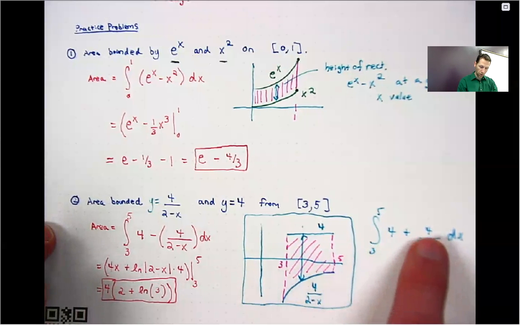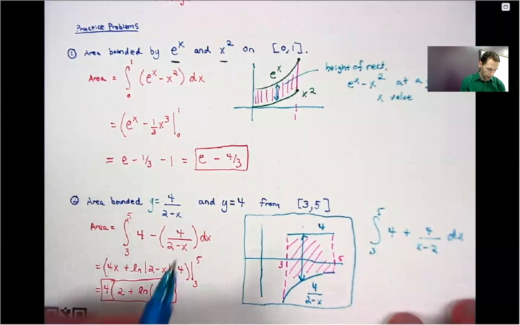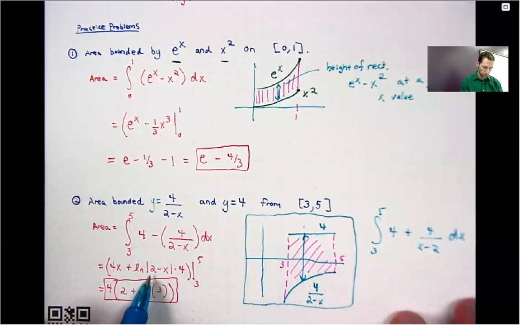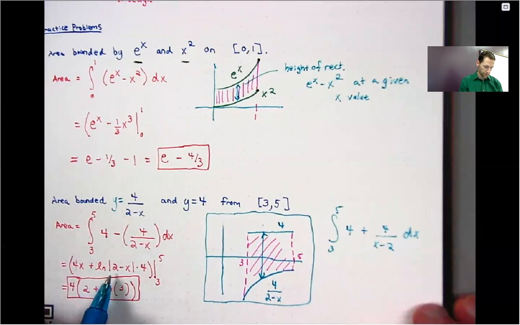The integral of 4 over x minus 2 is the natural log of x minus 2. Okay. I just left it as 2 minus x, but notice the absolute values will give me the same value that you have. Then I have the natural log of the absolute value of 2 minus x times 4, evaluated between 3 and 5, and I get this expression.